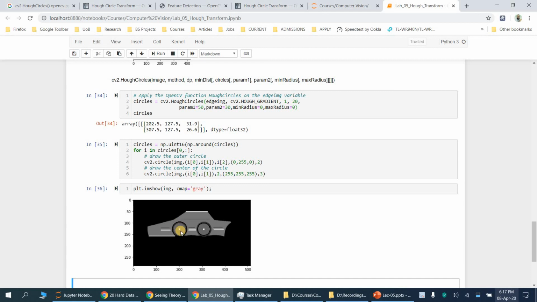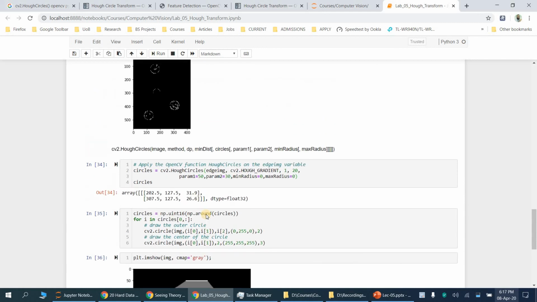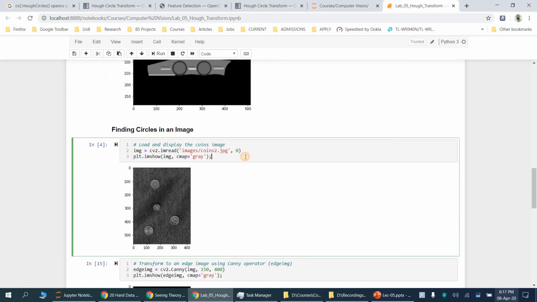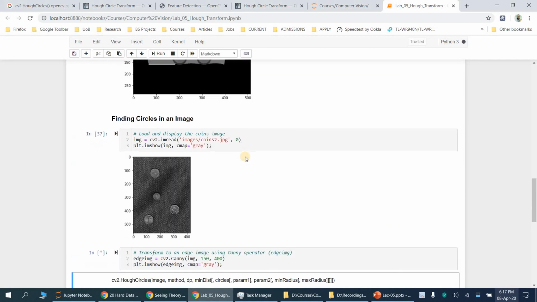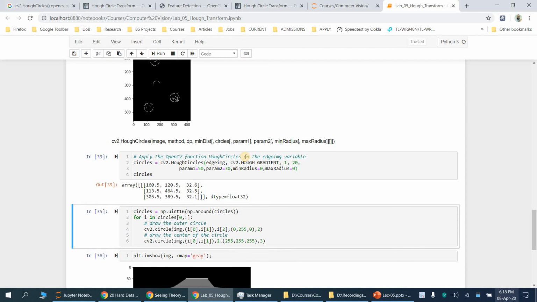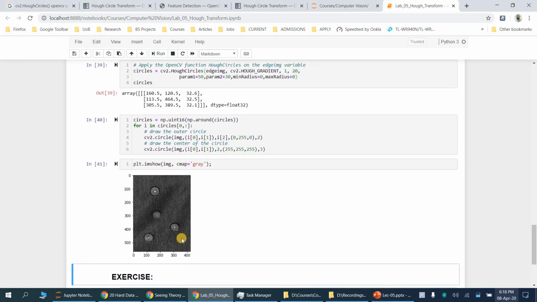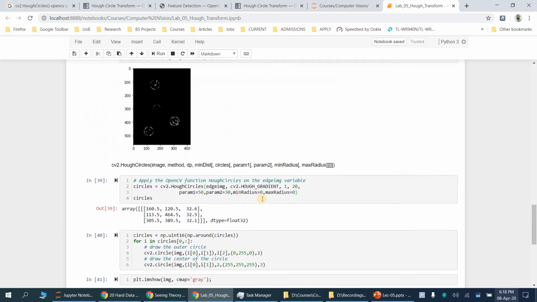That's why it draws 2 circles, because these are the 2 circles that it detects, the 2 wheels of the car. Whereas for this image, let me run this image. It will detect how many circles? 3 circles. Okay. So somehow it is detecting these 3 circles, but the middle one is not detected. Okay.